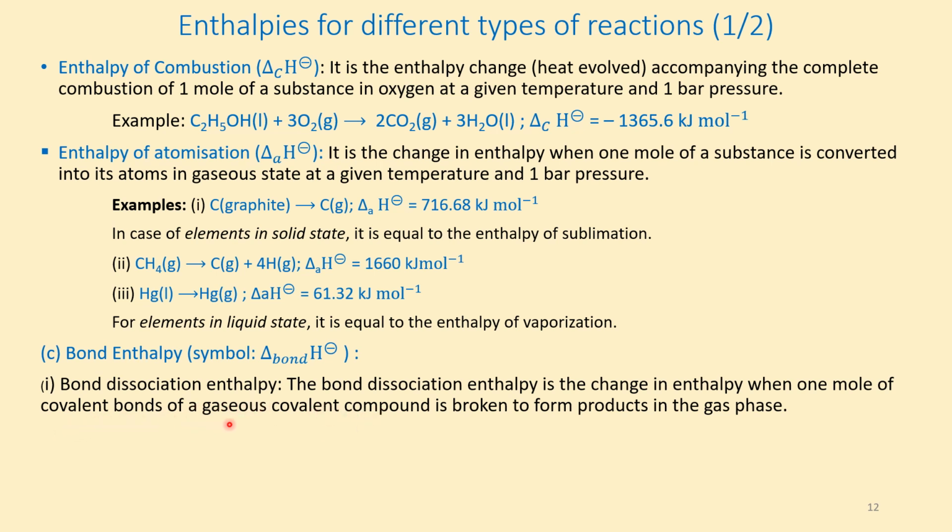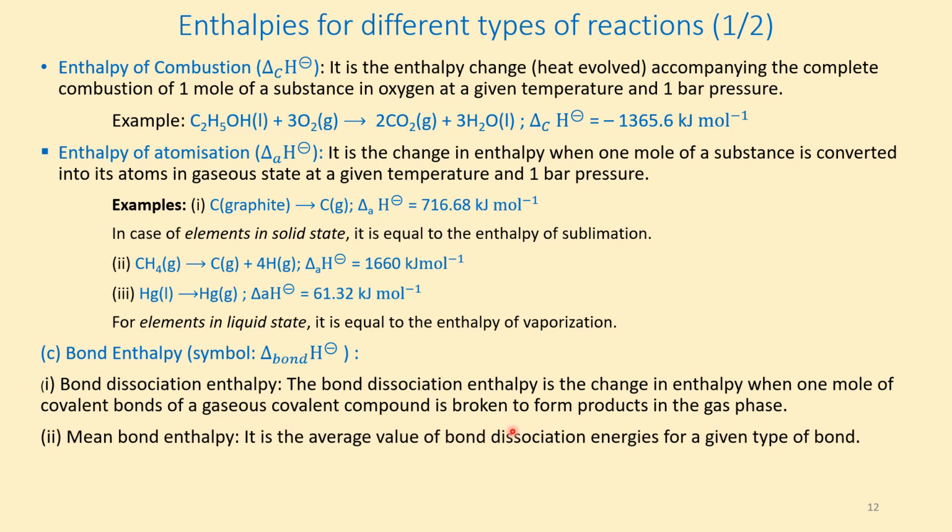So covalent bonds are broken here to form the products in the gaseous phase. Mean bond enthalpy is the average value of bond dissociation energy for a given type of bond. So it can be written as delta rH naught is equal to bond enthalpy of reactants minus bond enthalpy of products. Please note down these important points.